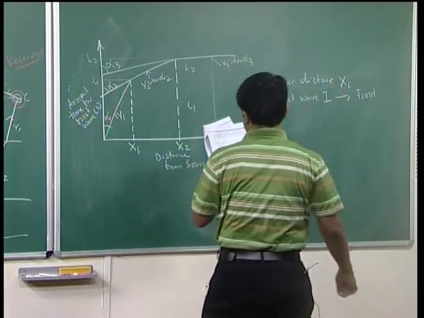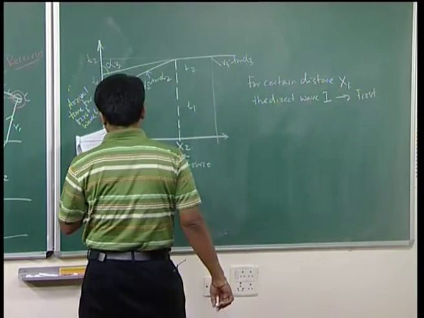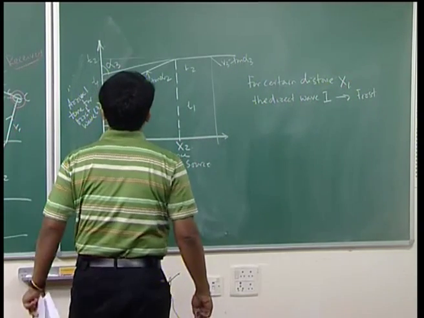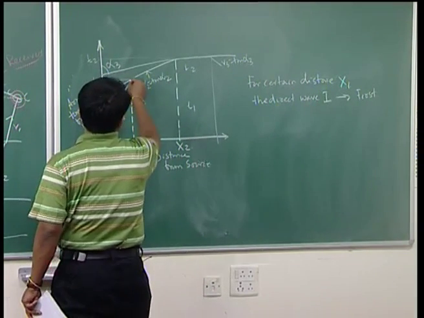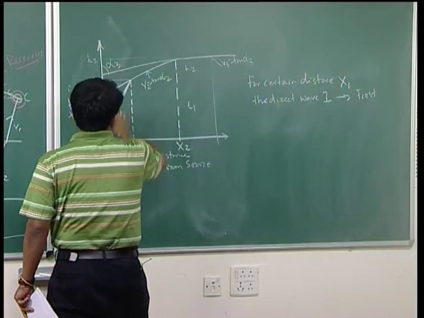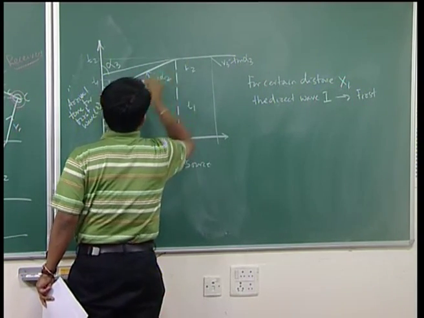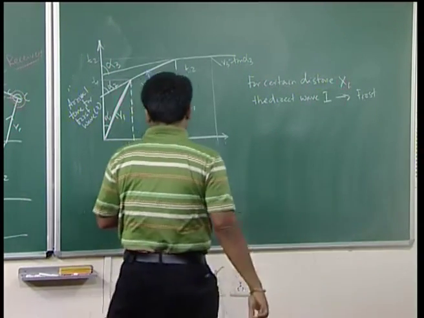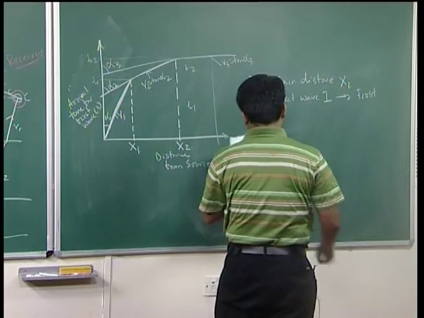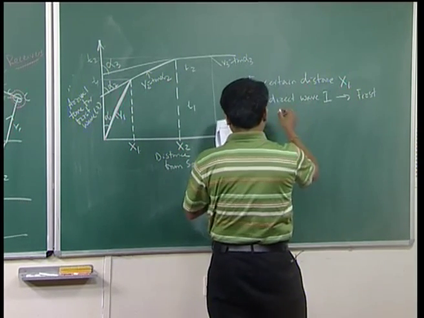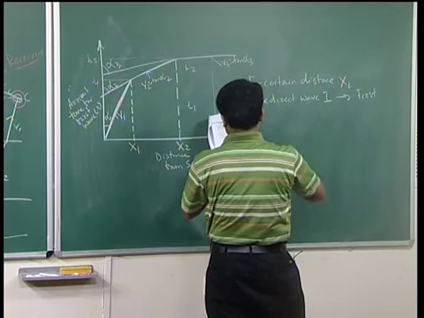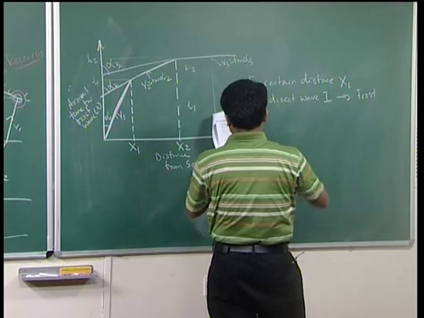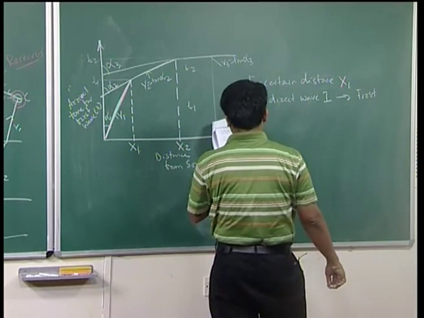Similarly, at this point, two lines intersect which indicate direct wave travelling at a distance with a velocity v1. If you look at this graph, these 2 points intersect. Here is your direct wave you are getting at velocity v1, this is your x1. Now, similarly, at a distance time t2, refracted wave travelling with velocity v1 and v2 at a distance 2h1.